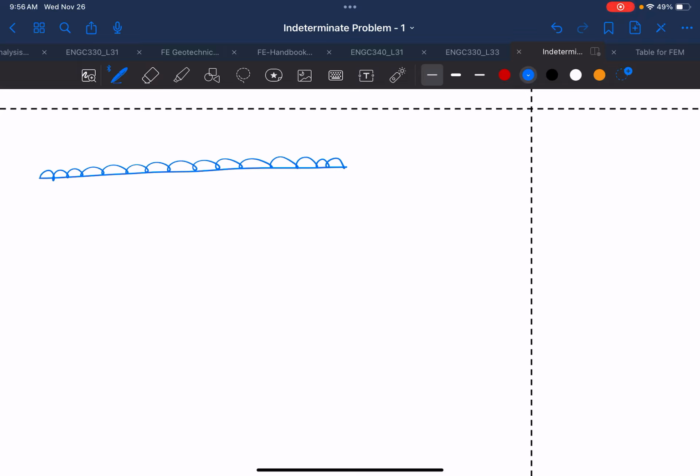This is 10 kilonewton per meter, and this is AY, which is 22.5, CY is 22.5, and PY is 75 kilonewton.